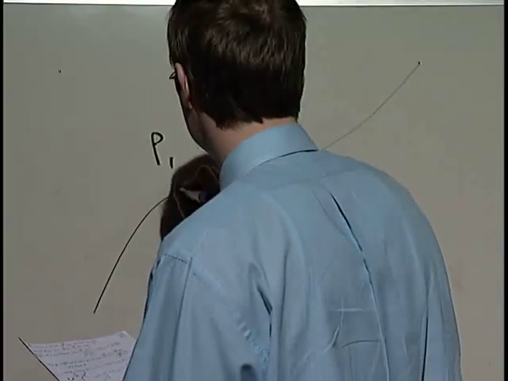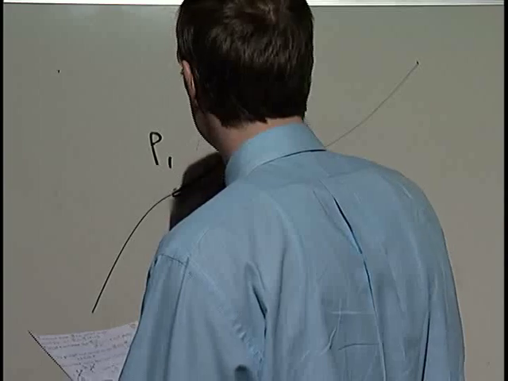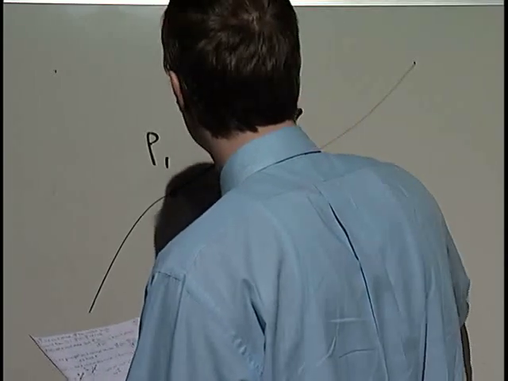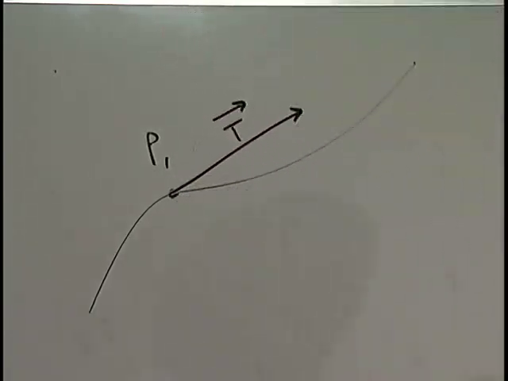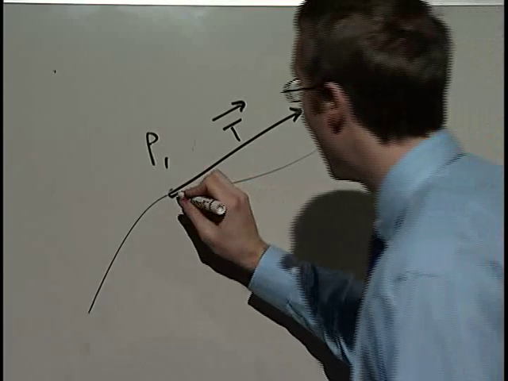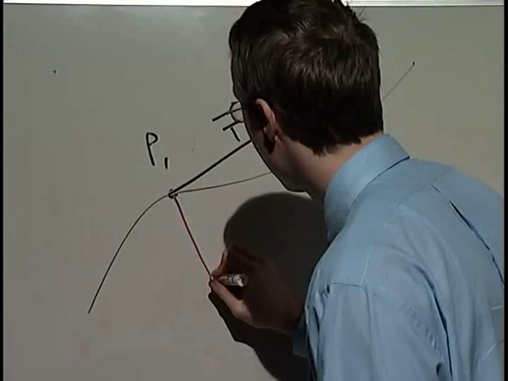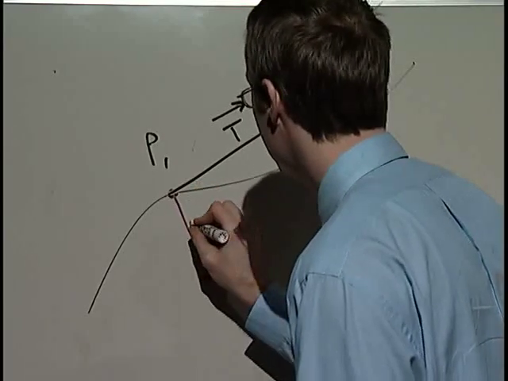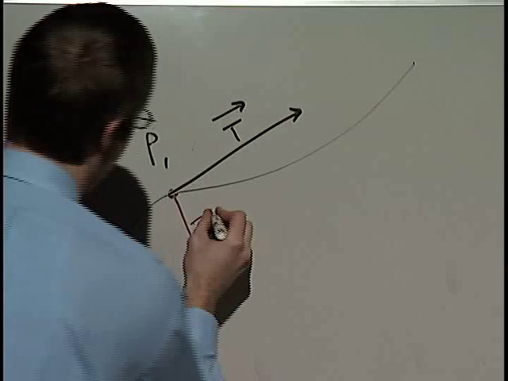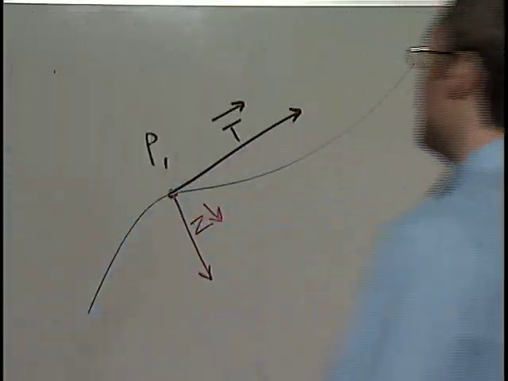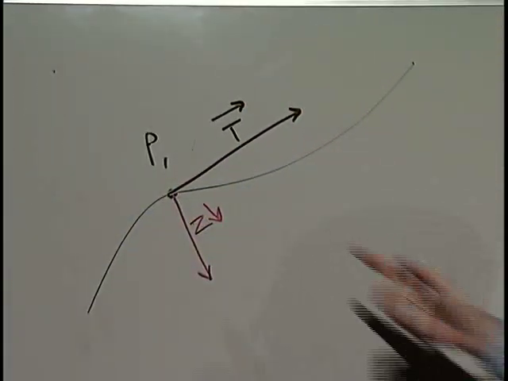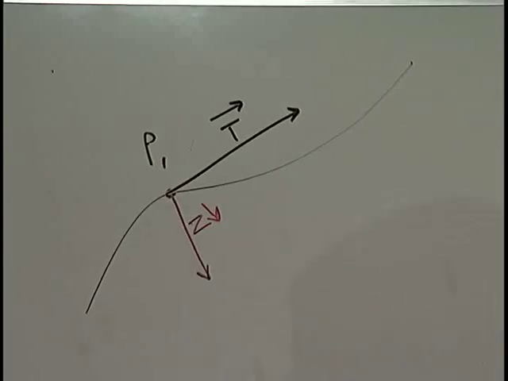Unit tangent vector maybe, something that looks like that. So there's T, and we'll be multimedia here. So at a right angle to it is N, right? So those two vectors are orthogonal to each other, right?